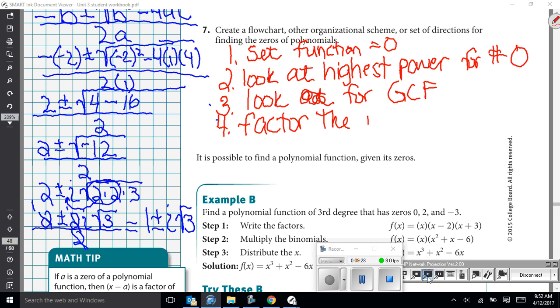Once we have it factored, then we need to find what makes the parentheses equal to 0, right? So this is where we'll use the quadratic formula to find the zeros, or we'll set the parentheses equal to 0.